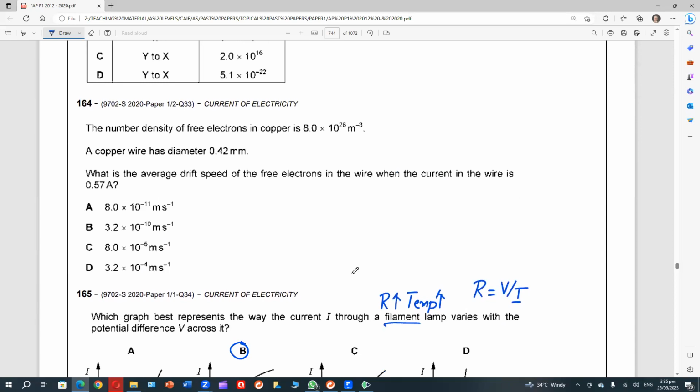The number density of free electrons in copper is this, so this is n. A copper wire has diameter 0.42.